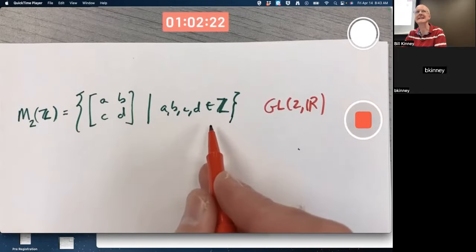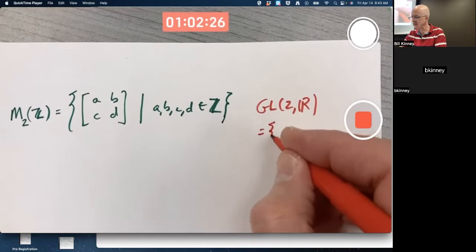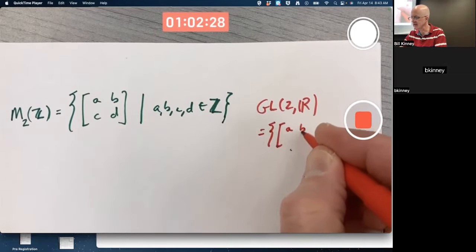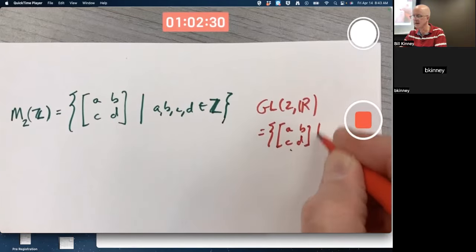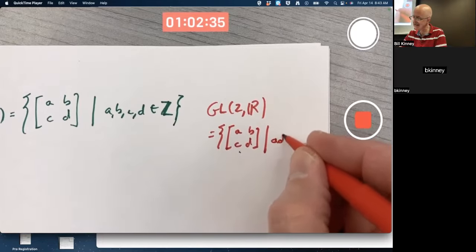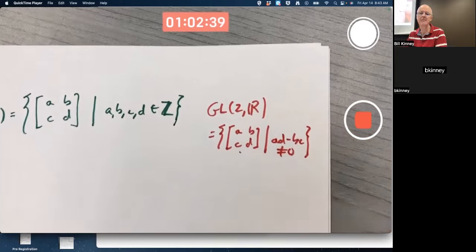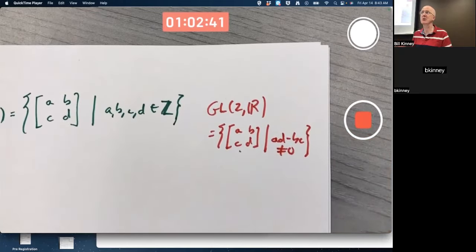I could let A, B, C, and D be real numbers. But this was the set of all 2x2 matrices with non-zero determinant. And we said that that was a group under multiplication.